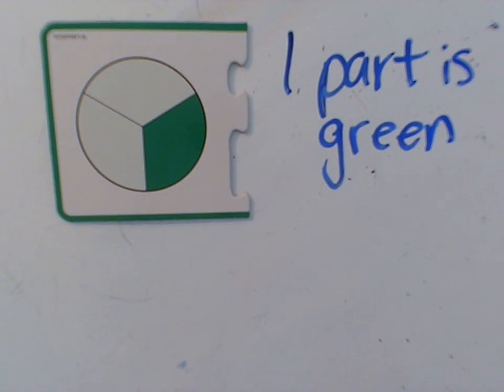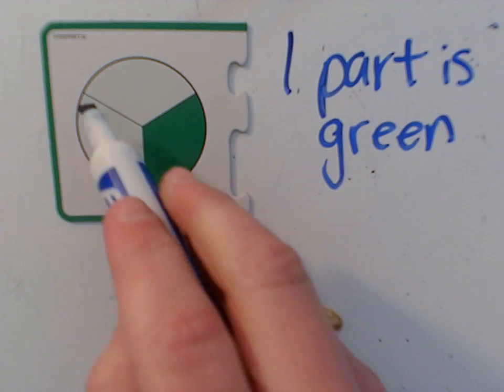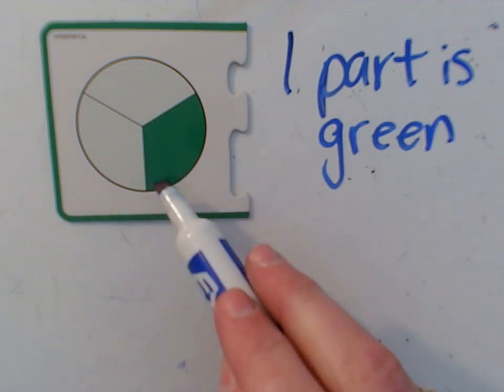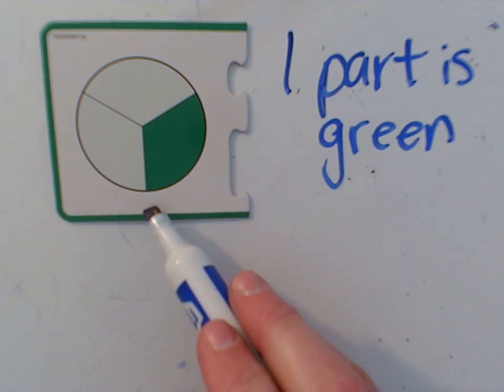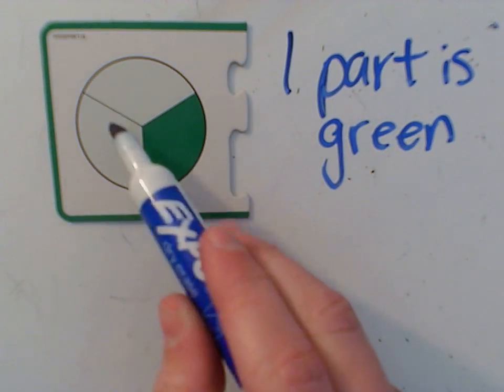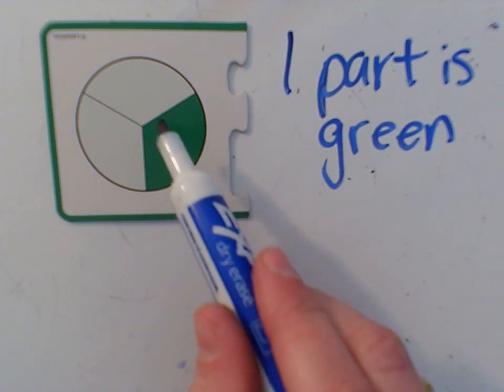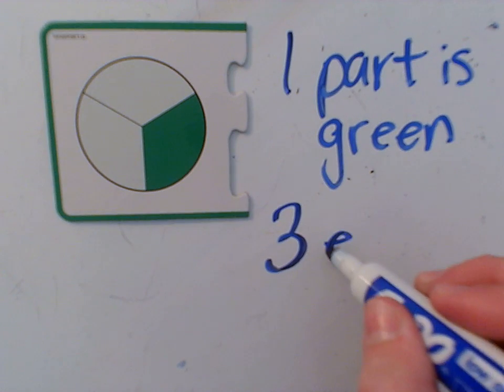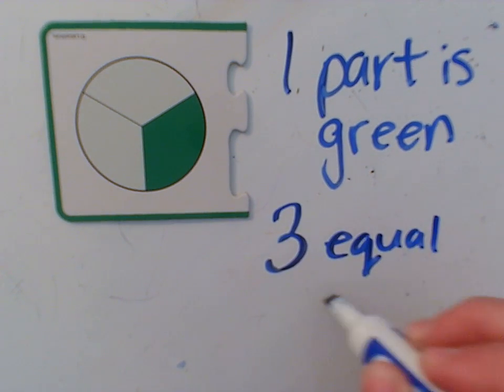How many equal parts are there in all? If you look at the lines on this circle, there's actually 3 of them, and they meet in the middle here, which create 3 equal parts. 1, 2, 3. They're all the same size. So there are 3 equal parts.